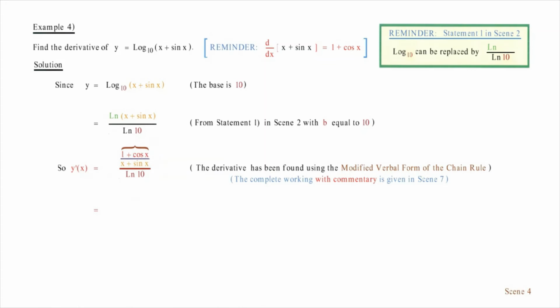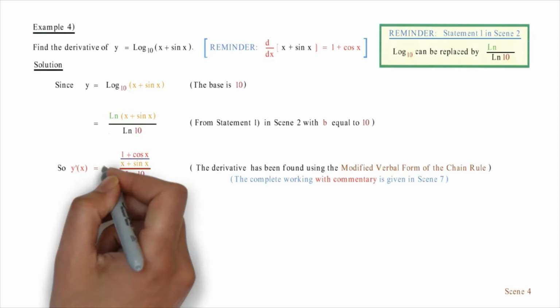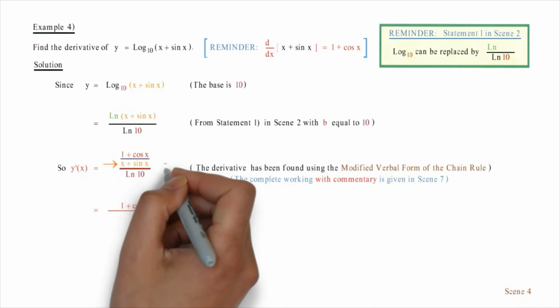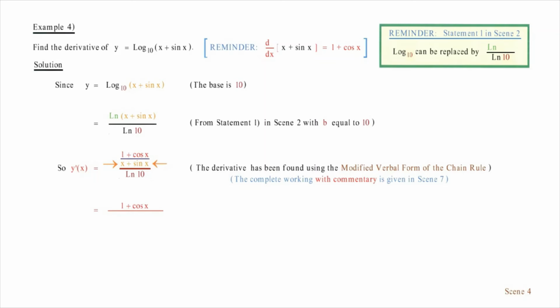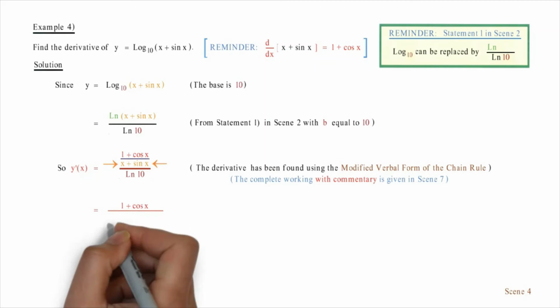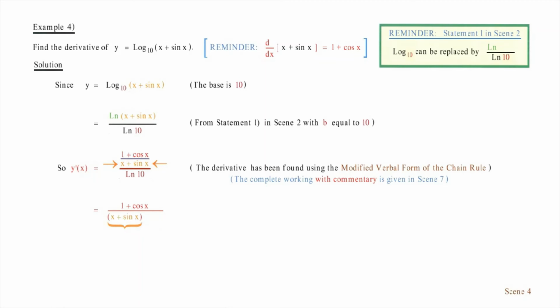It equals, bring down 1 plus cos of x, divided by, drop x plus sine of x into the denominator, times bring down ln of 10.